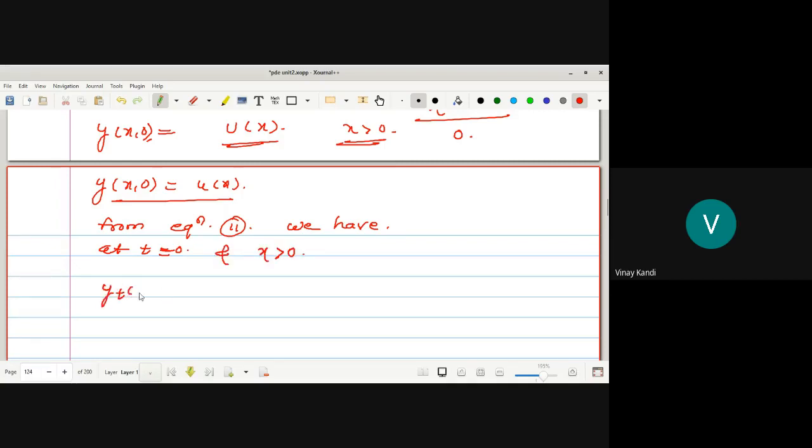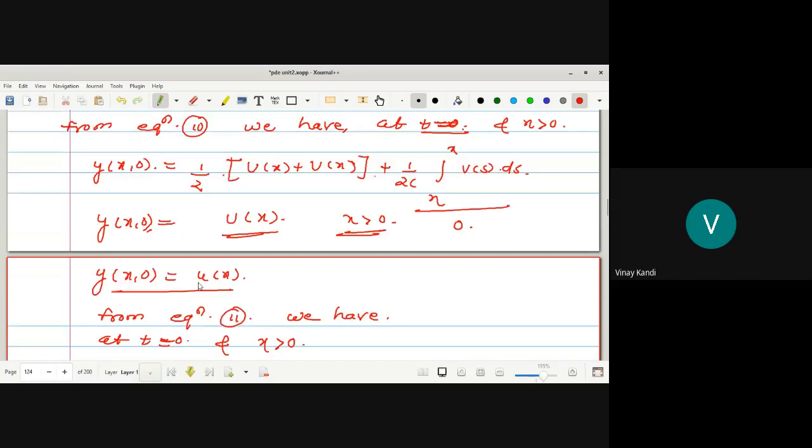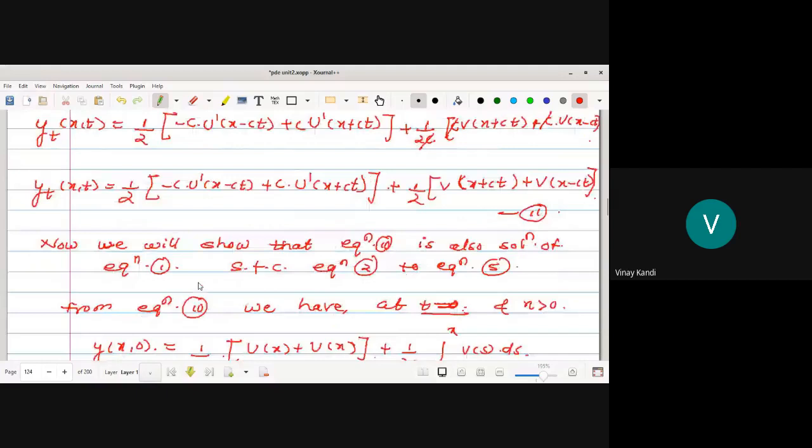So y_t of x,0, put t is equal to 0 in equation number 11. त्याच्यामध्ये जर 0 ठेवला काय होईल, हा 0 येईल, हा u dash of x येईल, हा u dash of x येईल. ओके, हा काय येईल v of x, हा v of x.